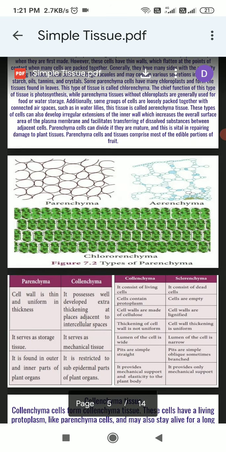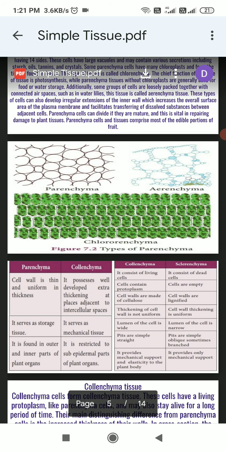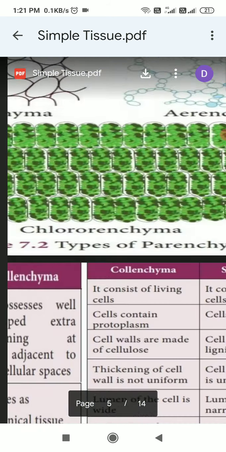So this is the parenchyma tissue, which is loosely arranged, and this is the aerenchyma tissue, which is found in lilies, and here is the combination of parenchyma and collenchyma, which possesses chlorophyll pigment within it, and that's why they have a green color. So that's why they are called chlorenchyma.